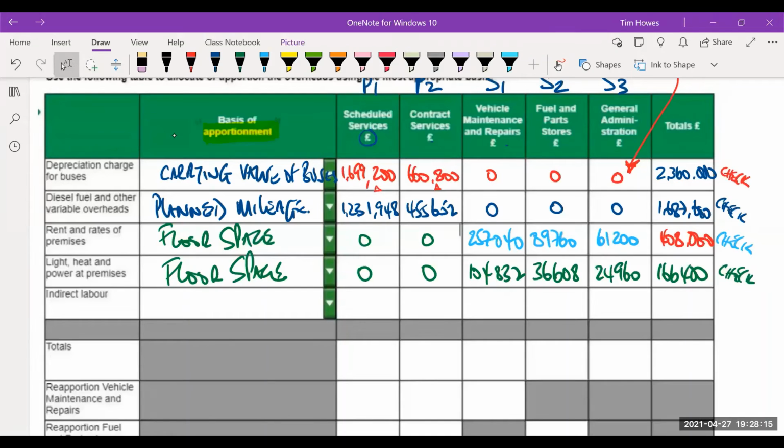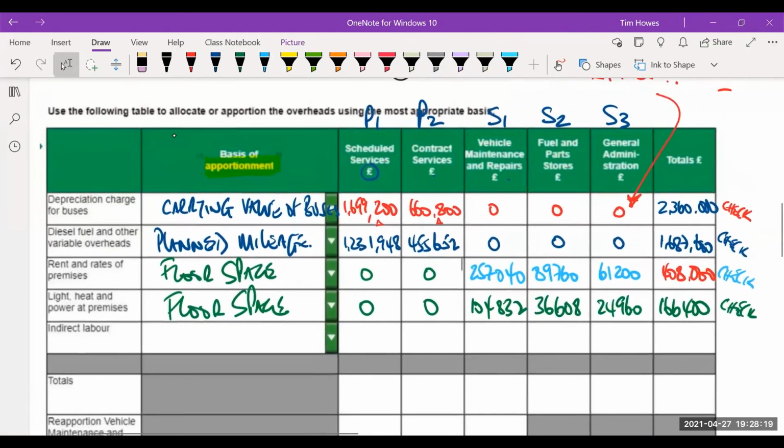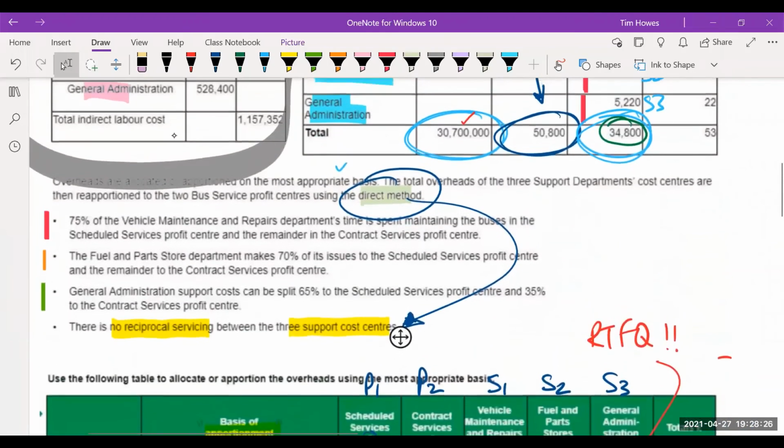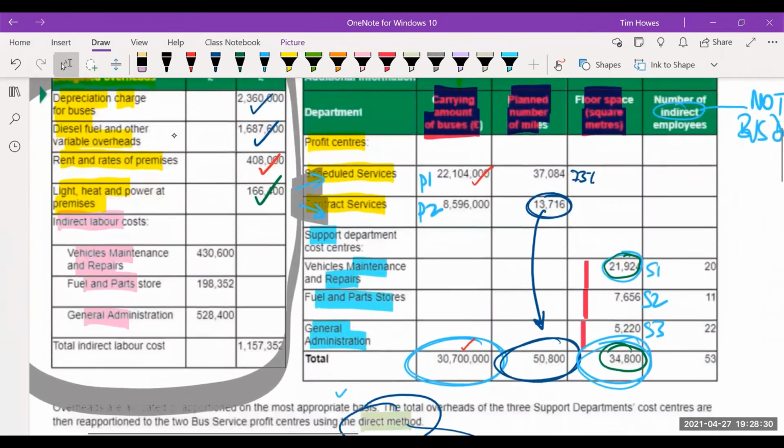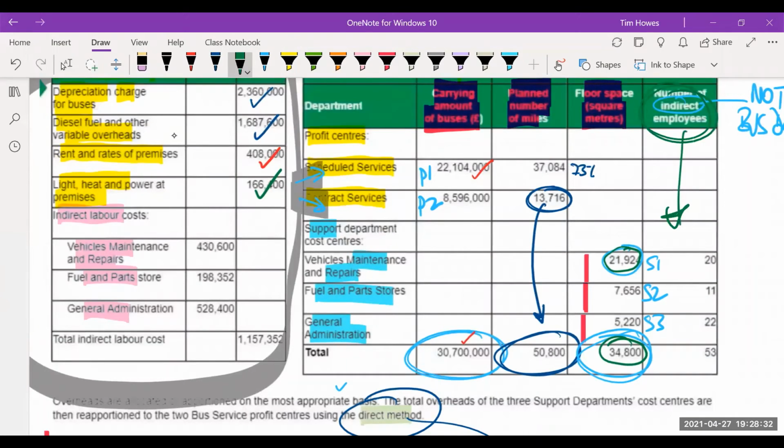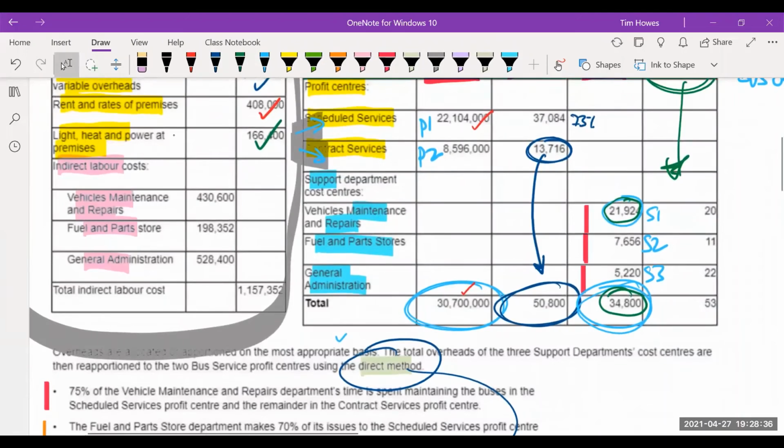All right. And then we've got one bit left in the initial allocation and apportionment, and that's the indirect labor. Okay, and there's a bit of a red herring here, because whilst we've been given the number of indirect employees, when we look over here at the indirect labor cost, you can see what it relates to.